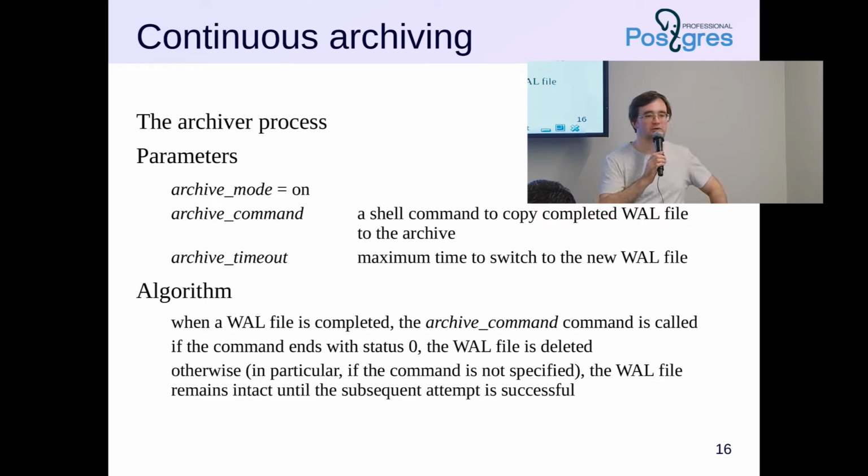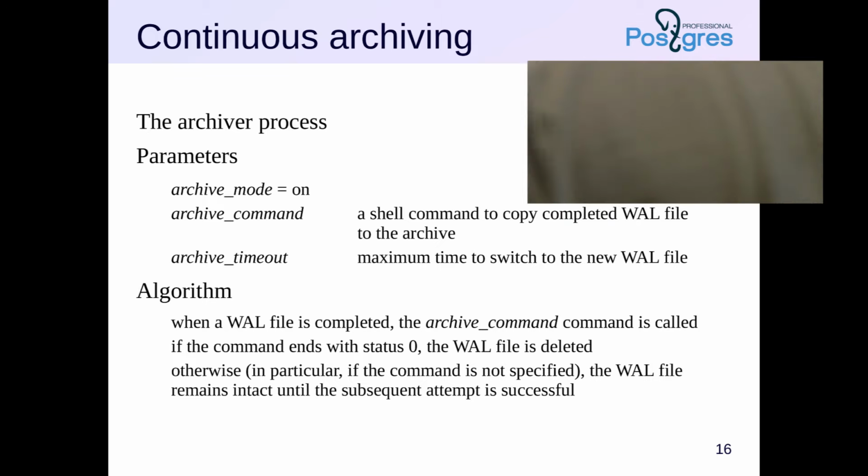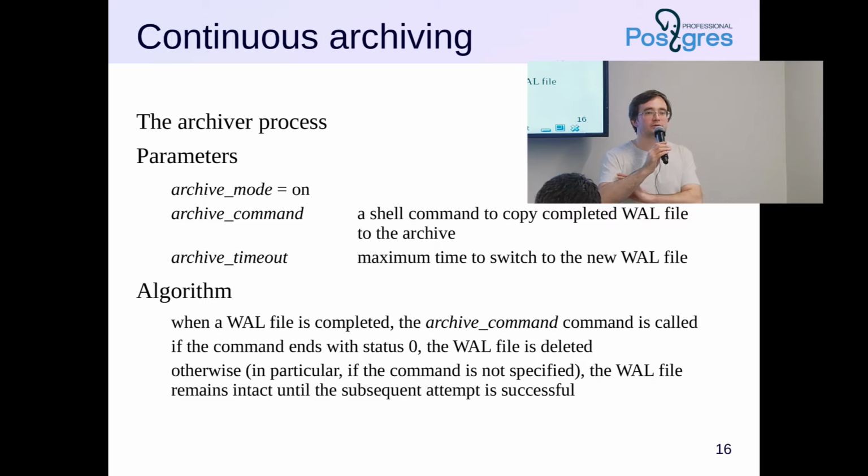It's just a shell command, a Unix command, which will copy an already completed WAL file to some archive that you want. PostgreSQL knows nothing about what archive you are using, so you can write any shell command.